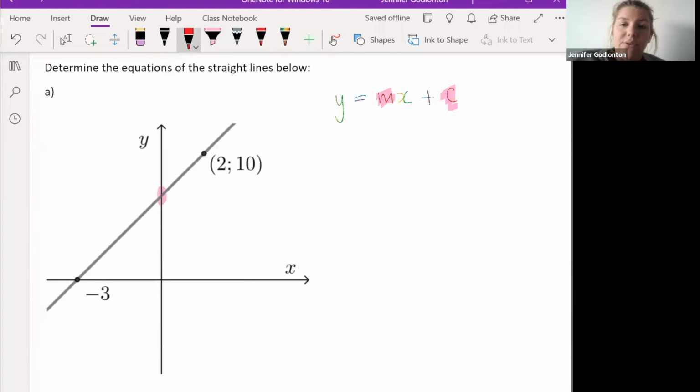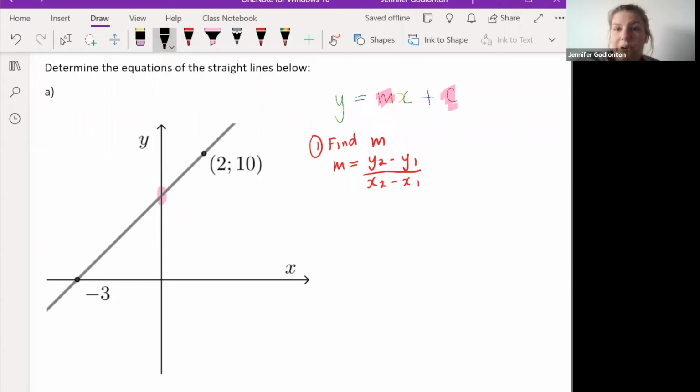The first thing we are going to do is find m. And the way we find m is by using our equation. So m is equal to the change of y over the change of x. Okay, that's what that means.